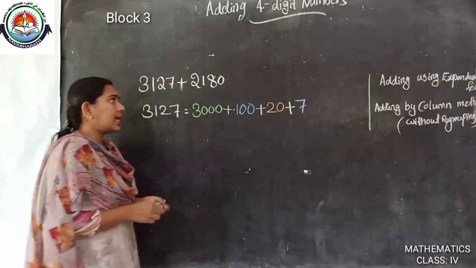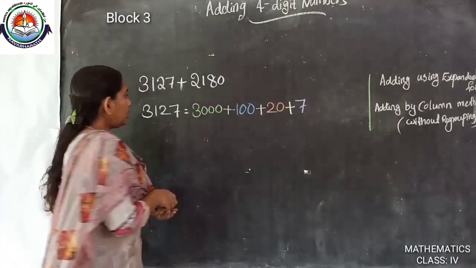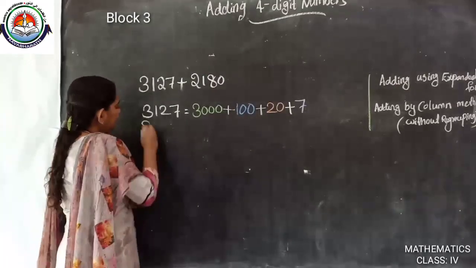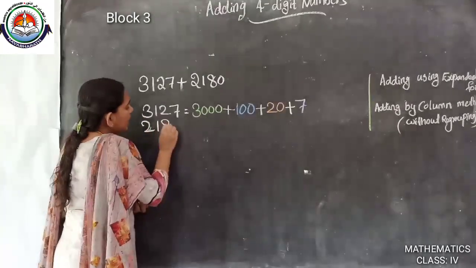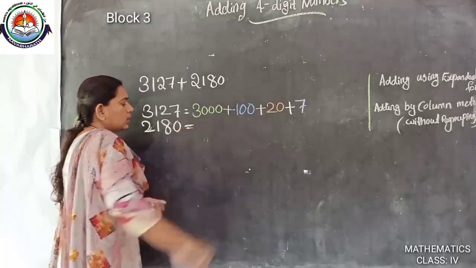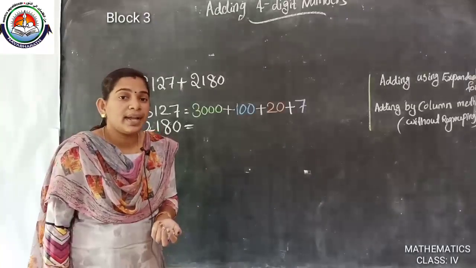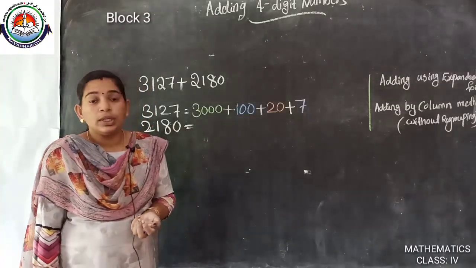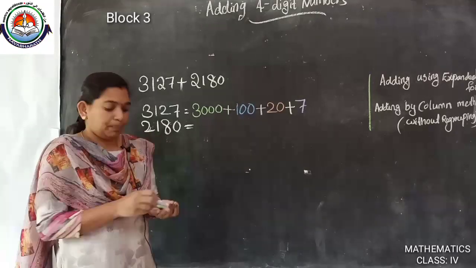The next number, the second number, what is it? 2180. How do we expand 2180?